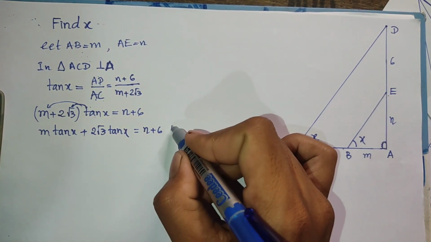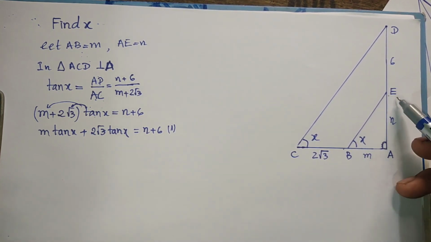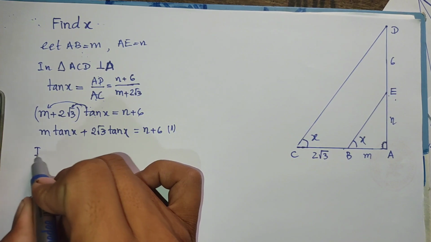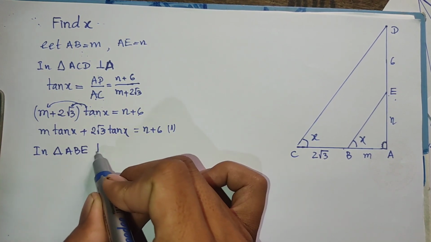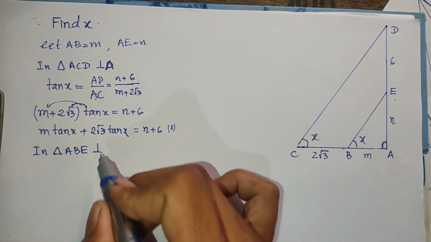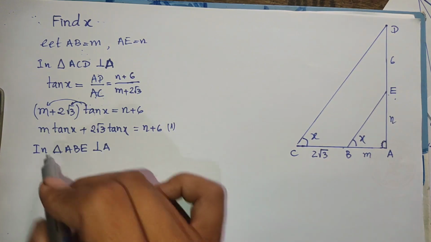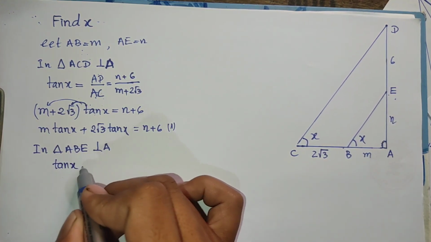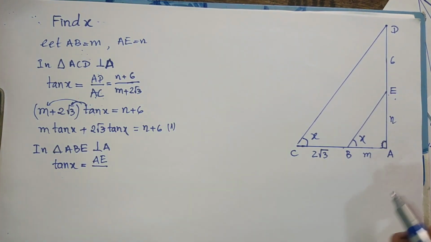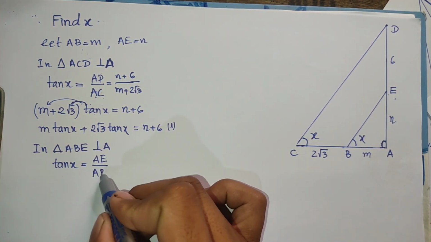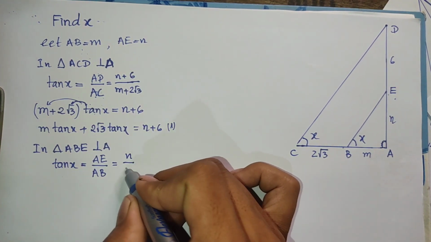Now I let this be the first equation. Now we see that in the triangle ABE, it is a right triangle at A. So we get tan h equal to AE divided by AB, and this is equal to n divided by m.